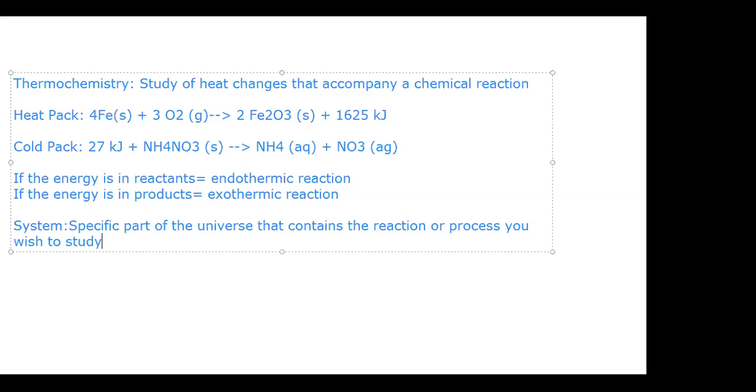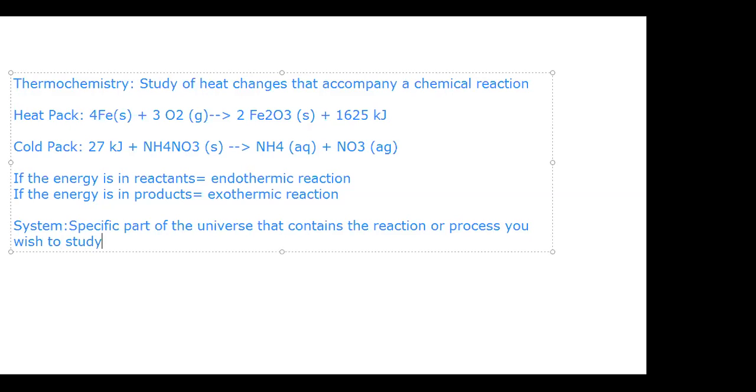Essentially, if you're doing a reaction in a beaker, the system is just the beaker. Everything else in the universe at that point in time is going to be called the surroundings.